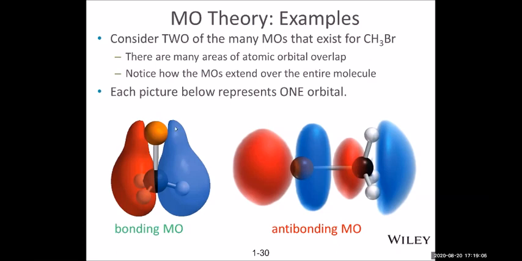There's a node right here, but that is similar to p orbitals. P orbitals have one node right around the nucleus between two half wave functions. But this node is not really the node for the bond between the carbon and bromine. And so these antibonding MOs have the node, which is zero electron density.